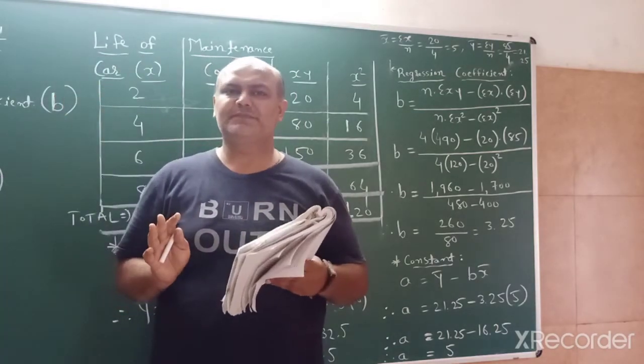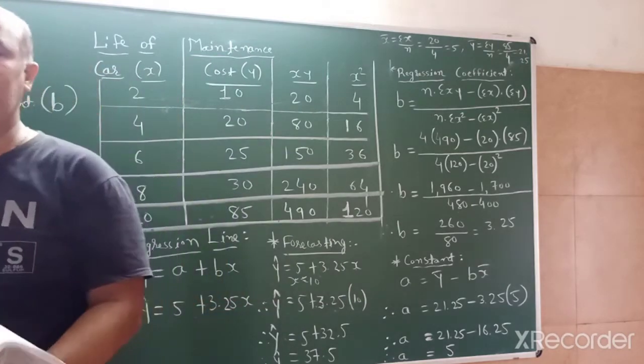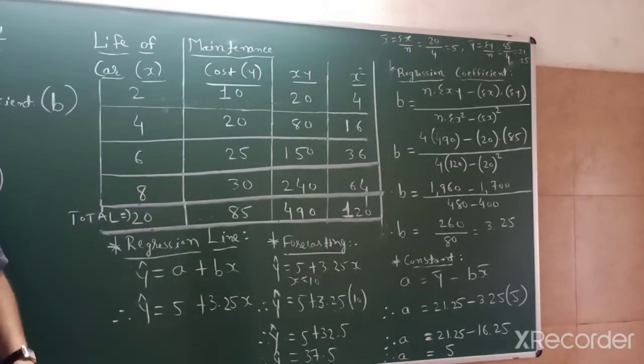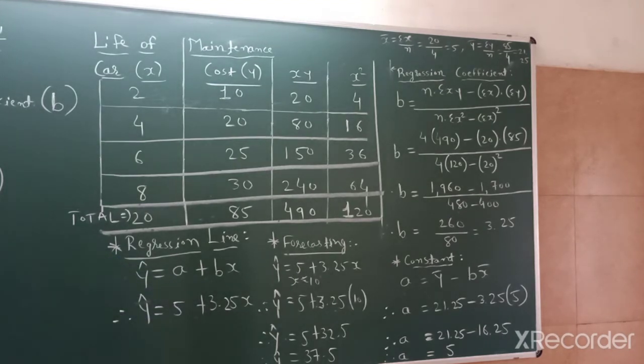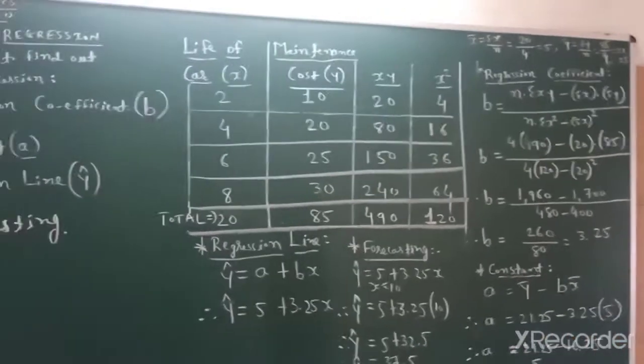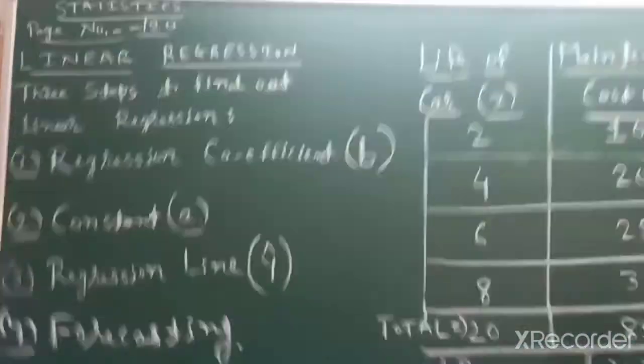Clear students? So by this way, applying the formula of xy, we can easily find the regression line and also we can find the forecasting. So fast recap of today's video lecture.